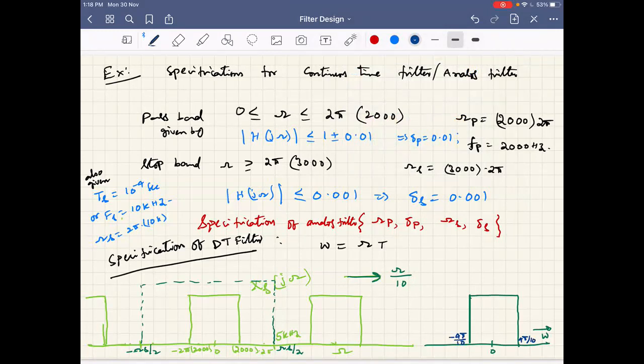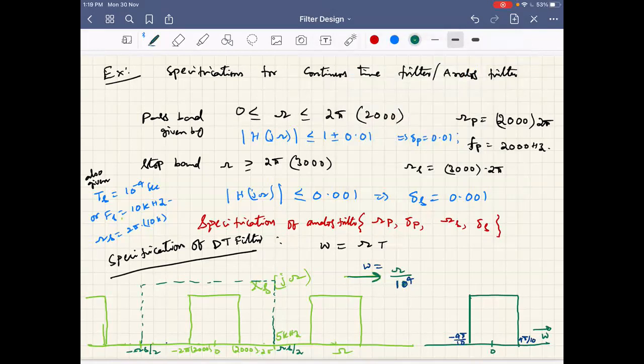You can see that when I make this conversion, omega equal to capital omega into 10 power minus 4, what I get is this. Then it goes up to here only.